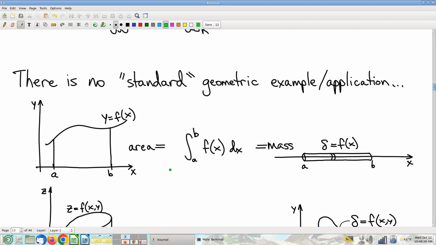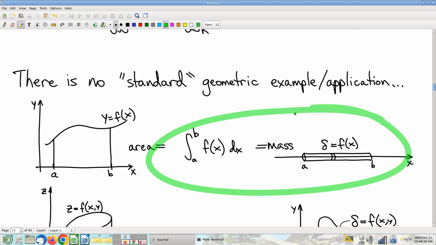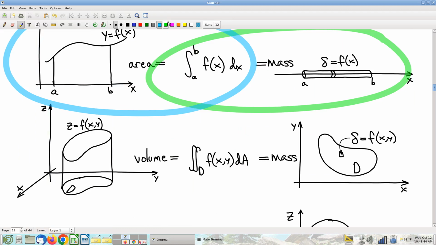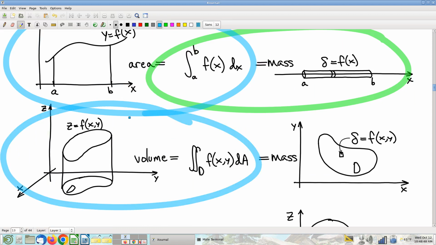And, well, here's the reason. Again, with single variable integrals, you can talk about the mass of a rod, or you can talk about the geometric area under a graph. And arguably, the picture on the left is more satisfying. I can see the integrand in the picture. We like that. You look at the two-dimensional examples, double integrals, very satisfying to think of them as computing volumes.